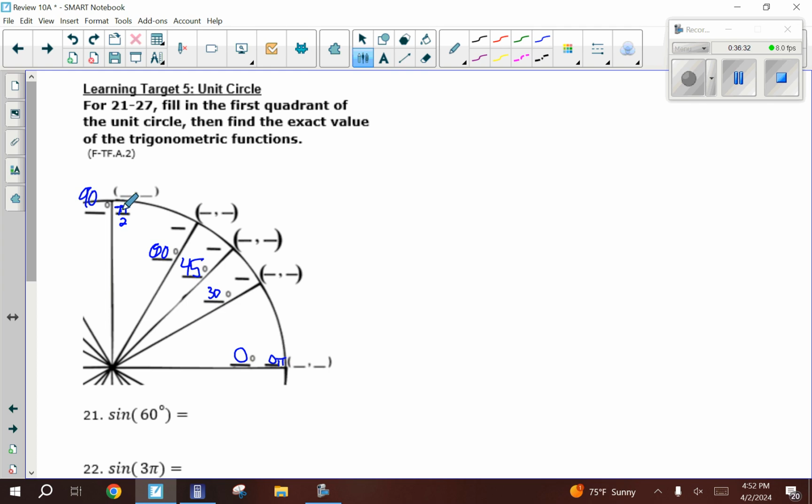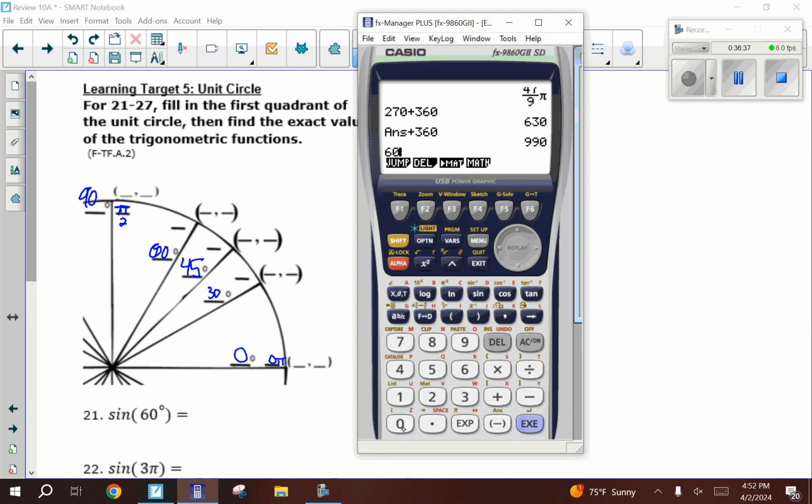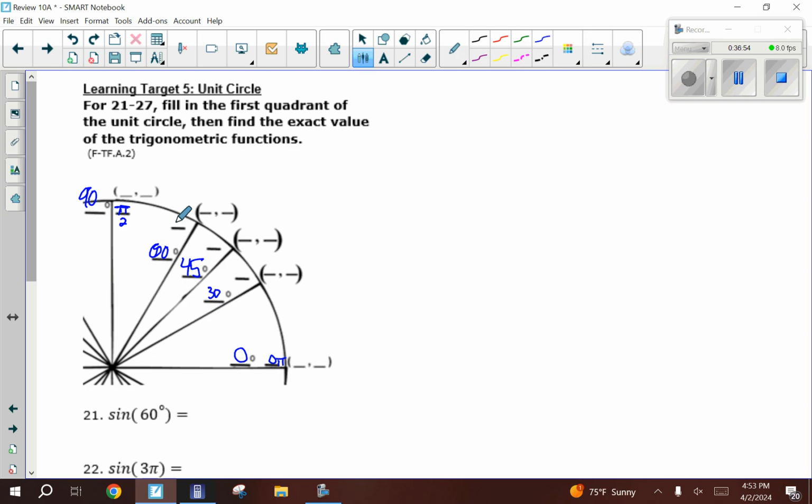So what else do we have here? If I want to do my conversions, let's do 60. I want it to have a pi, so I'm going to hit times shift pi over 180. So 60 degrees is the same as pi thirds. So this one right here is pi over 3.